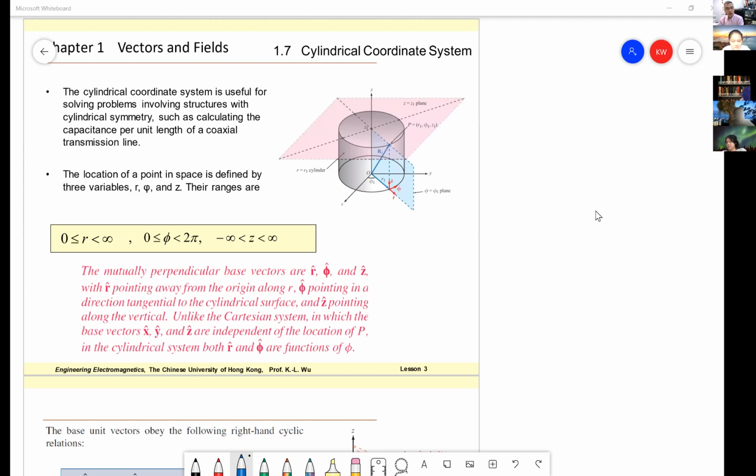I try to train our students to think not in numbers, but to think about a problem in terms of a formula, or even a formula of formulas. That gives us a more abstract, more logical, more general solution. So that is why we still need to discuss vectors.